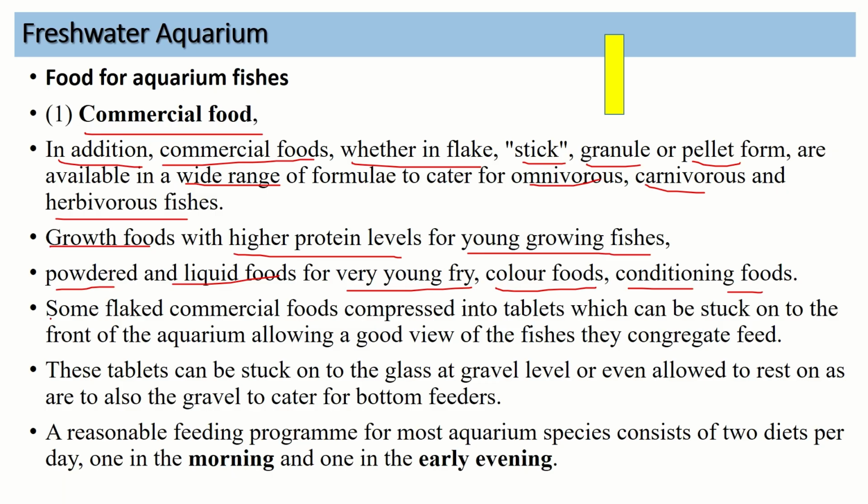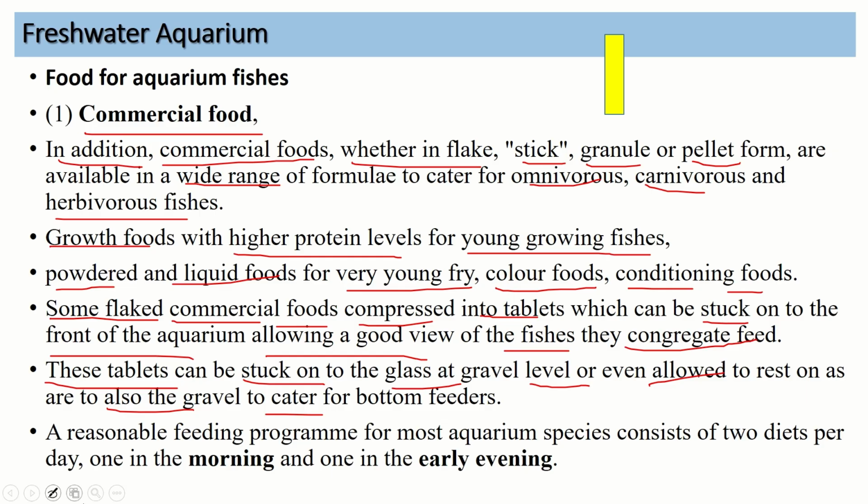Some flaked commercial food is compressed into tablets, which can be stuck onto the front of the aquarium, allowing a good view of the fishes as they congregate to feed. Alternatively, these tablets can be stuck onto the glass at gravel level or even allowed to rest on the gravel to cater for bottom feeders.